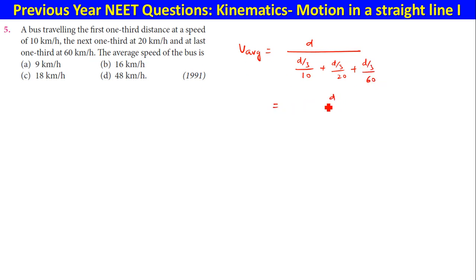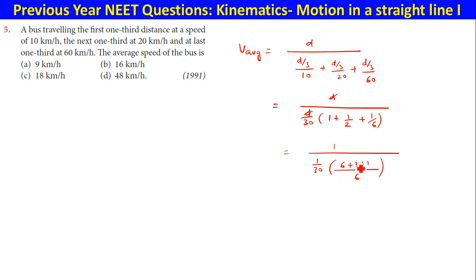Now if I take D by 3 common, in fact D by 30 if I take common, I'll get 1 plus 1 by 2 plus 1 by 6. So now this D and that D get cancelled. You get 1 by 1 by 30 into, the LCM is 6. So 6 here, 3 here, and 1 here, isn't it?